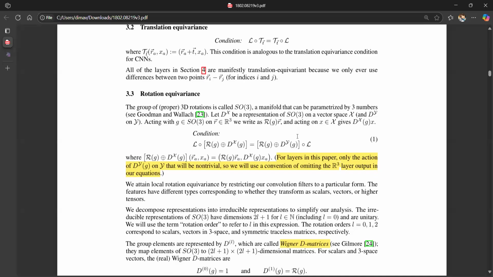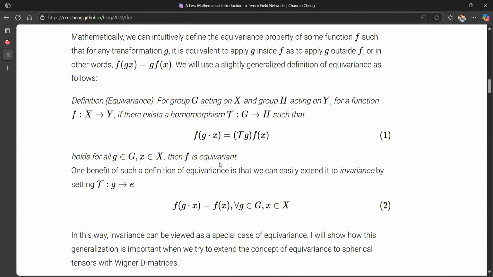Now we also have to talk about our group representation. For example, for rotations in 3D space, let's go back to the equivariance. In the equivariance, we need to predict somehow what transformation we need to do after the input of the neural network.